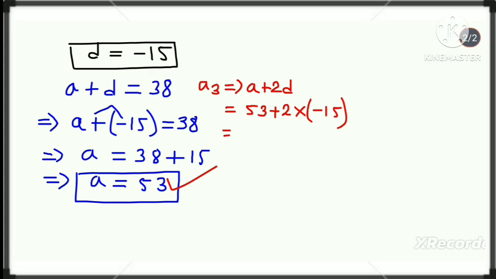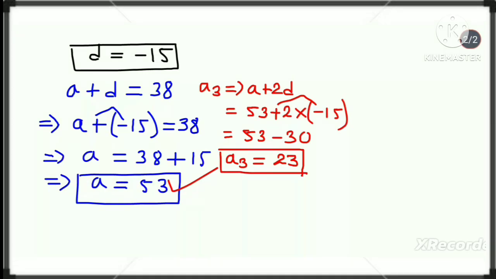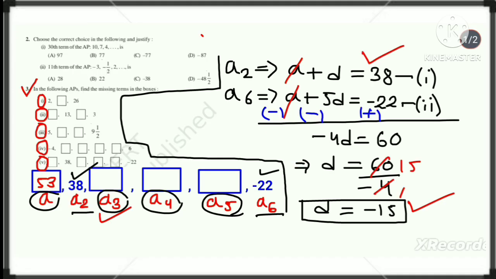Now 53, and here plus into minus is minus, and 2 15s are 30. Now finally, after subtracting 30 from 53, we obtain A3 equal to 23. In this way, we have obtained the third term, A3, which should be written over here, A3 equal to 23.